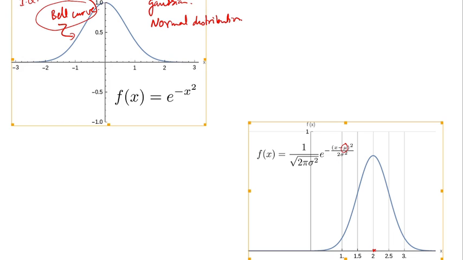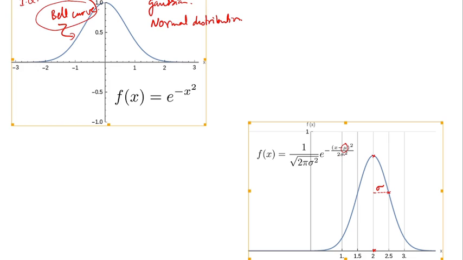So x is the variable, mu is the mean value corresponding to the peak, and sigma is called the standard deviation of the curve. If you look here, the x-axis is actually plotted in terms of sigma. So this distance is equal to sigma.